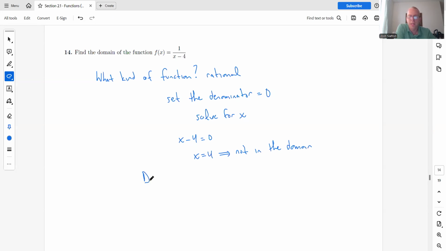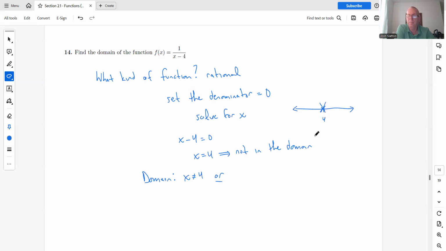You could either write this simply as x not equal to 4, or you could write this in interval notation. Think about a number line. Here are all the real numbers, and here is 4. We are going to take out that one.